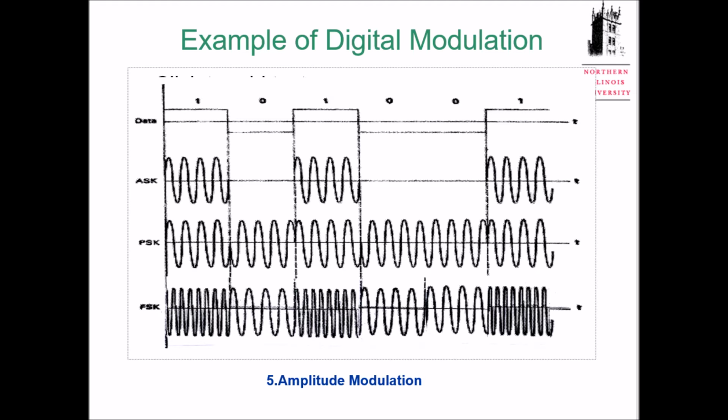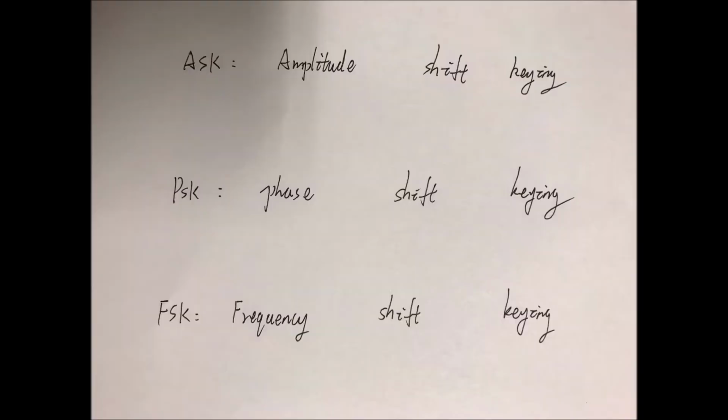However, I have two different frequencies. For 1, I have higher frequency. For 0, I use lower frequency, so I have two different frequencies to carry different bits. This one is called FSK, frequency shift keying. So you can either use ASK, PSK, or FSK to modulate your digital signal. Then we call it digital communication.